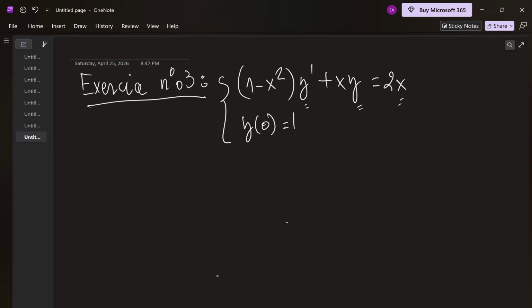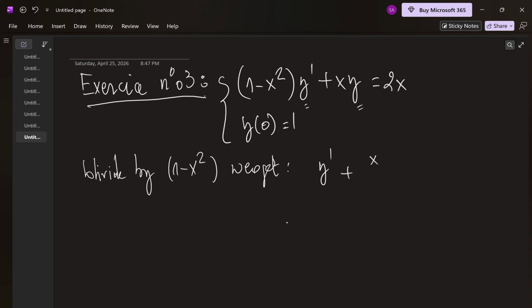We divide by 1 minus x squared, and we get y prime plus x over 1 minus x squared y is equal to 2x over 1 minus x squared.